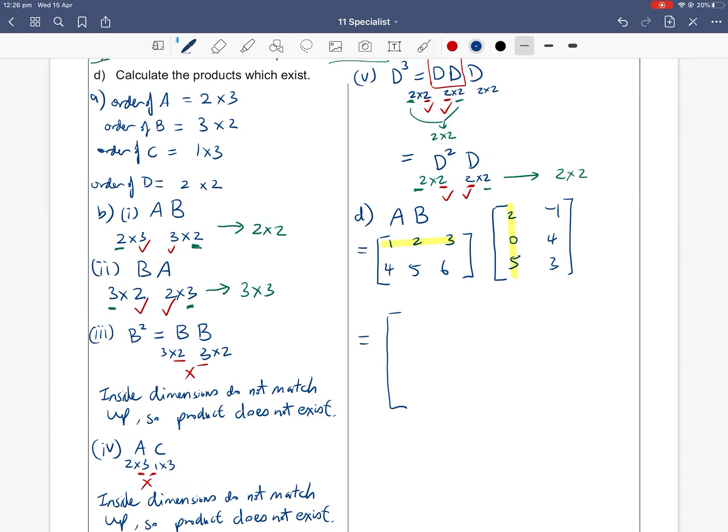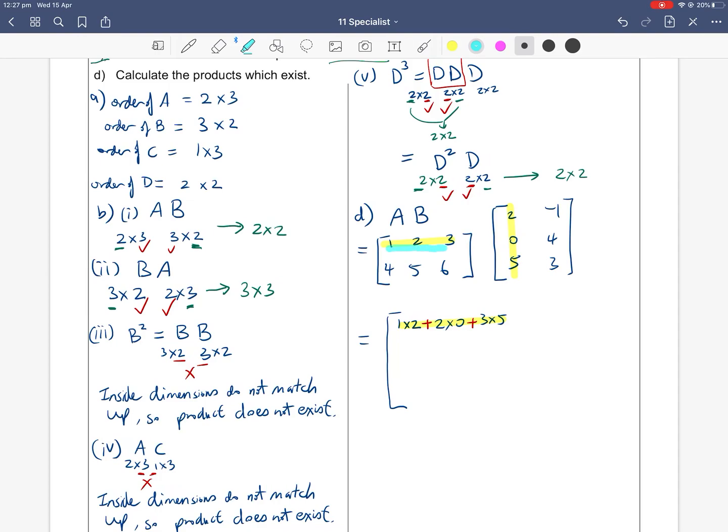Row 1 by column 1 gives me entry 1, 1 of my answer. So I have 1 times 2 plus 2 times 0 plus 3 times 5. So I'm row by columning every element inside the first row and first column. That gives me entry 1, 1 of my matrix.